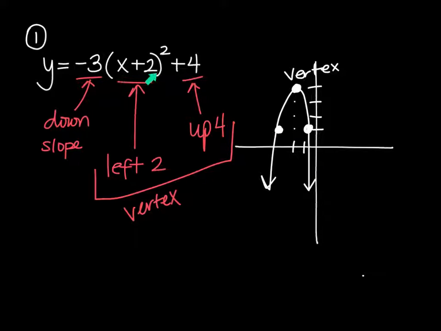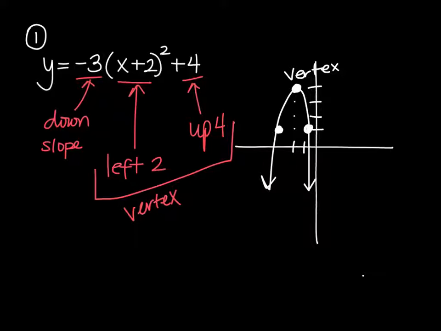Inside, remember we shake our head left to right, and so it tells us to think opposite. So if left and right, if it says positive 2, we really want to go left 2. Outside, think the same, and it's up or down. So that means we're going to go up 4.